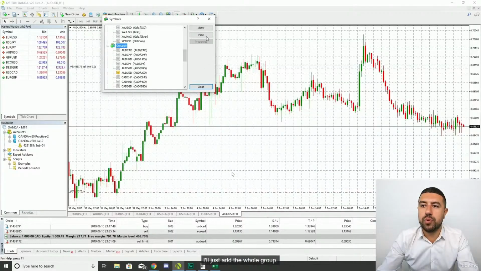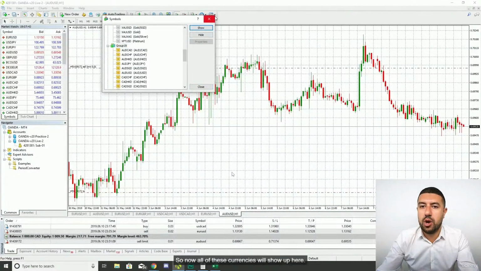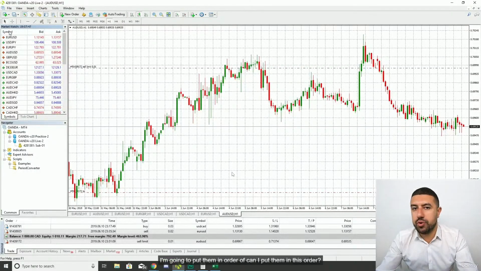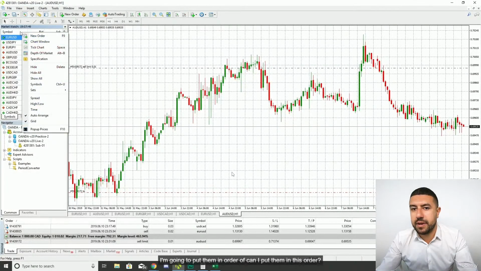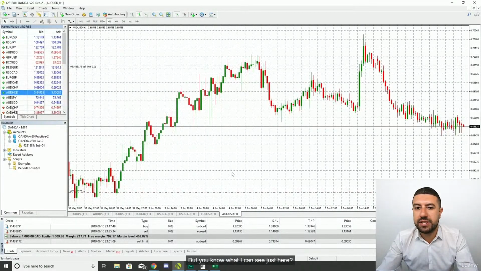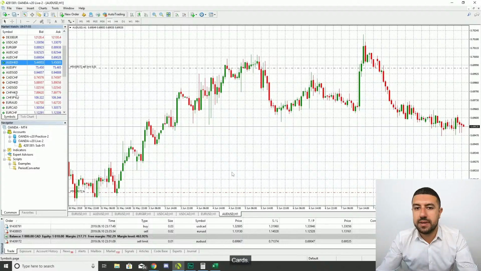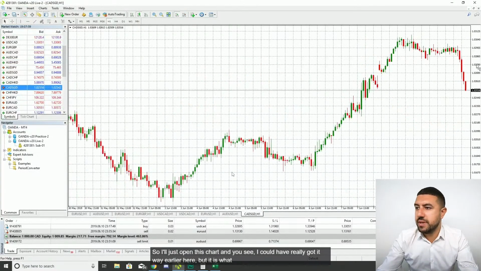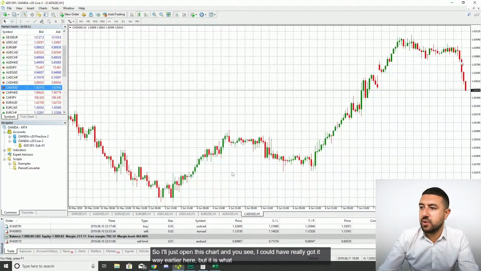I'll just add the whole group. So now all of these currencies will show up here. I can see it just here, CAD Singapore dollar. So I'll just open this chart. And you see, I could have really got it way earlier here, but it is what it is.